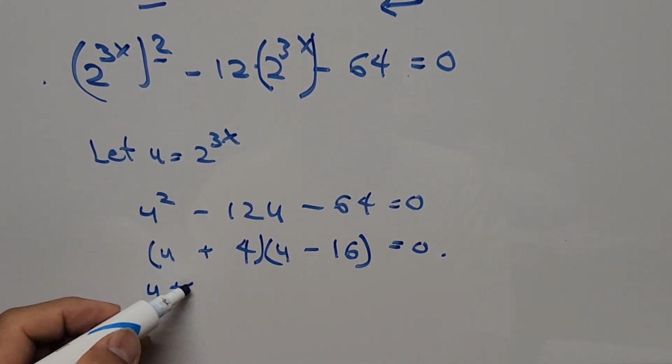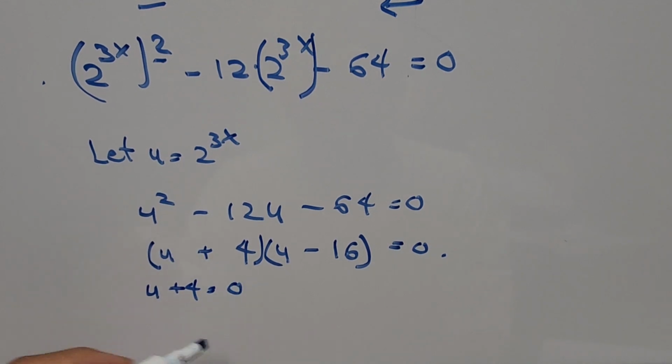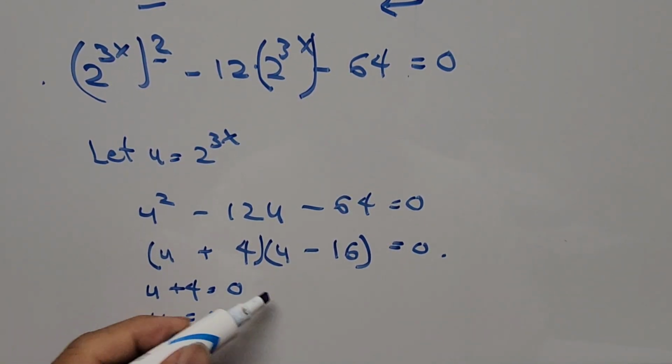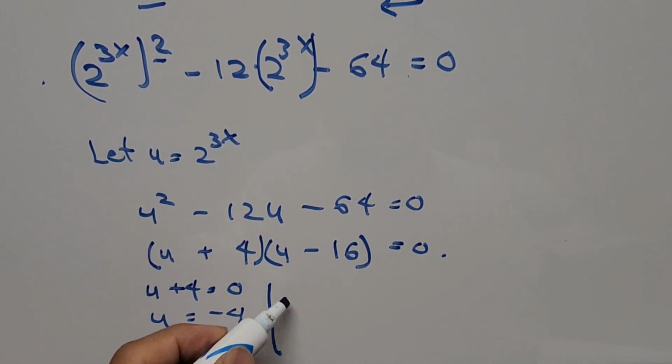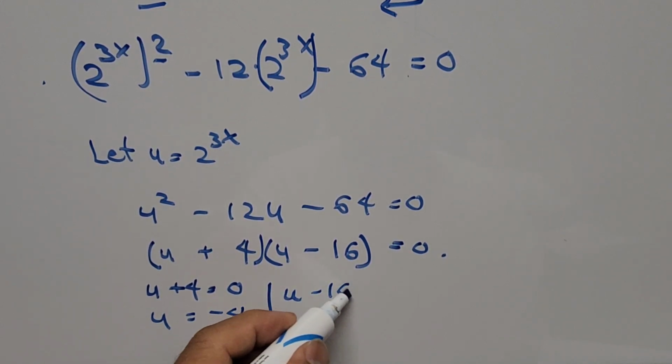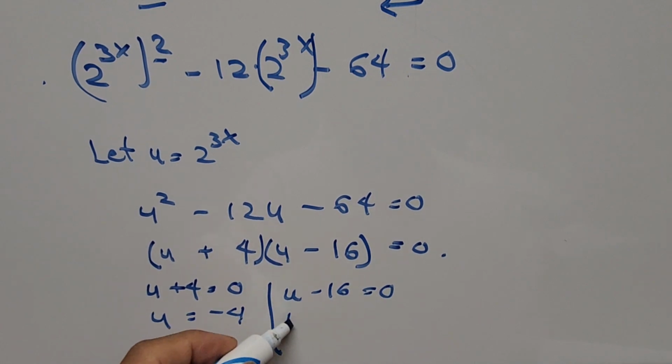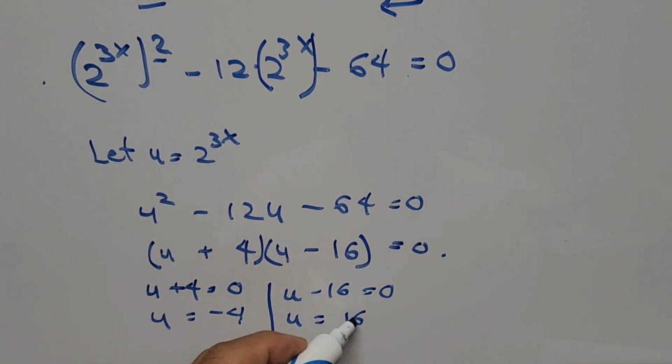Equating both factors to 0, we come up with u plus 4 equals 0, so u is equal to negative 4. And the other, u minus 16 equals 0, so u is equal to 16.